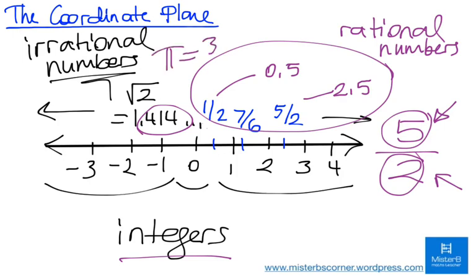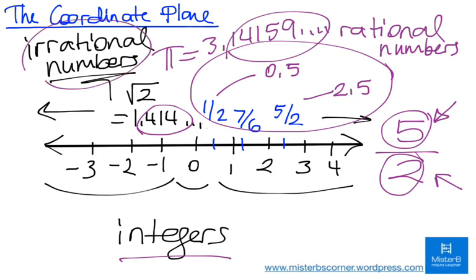Pi is 3.14159 and so on, right? This part goes up to infinity without repeating, and all these numbers are called irrational numbers, all right? So basically, together with irrational numbers, we now have a complete number line.